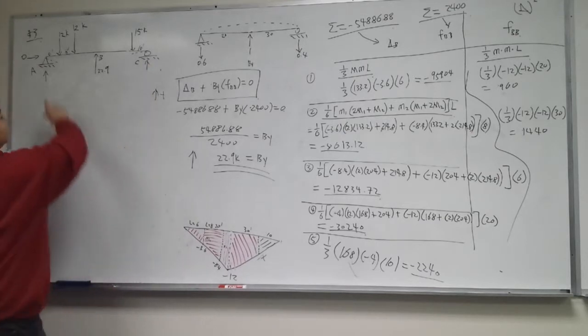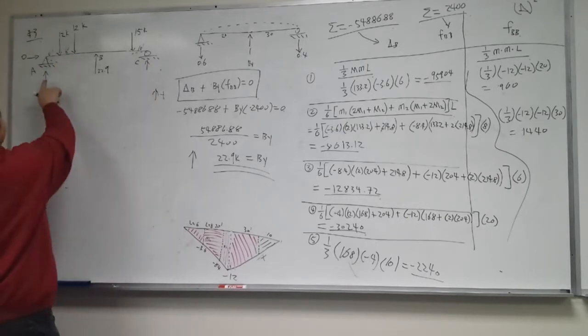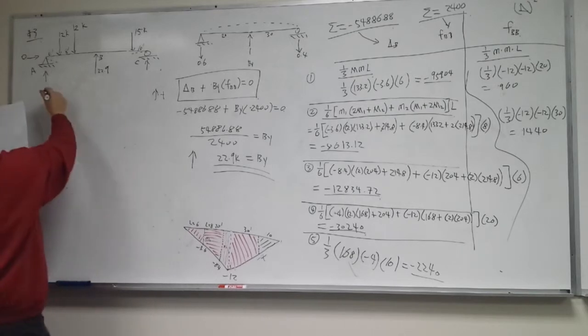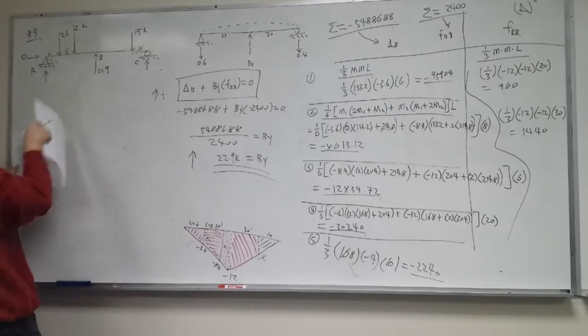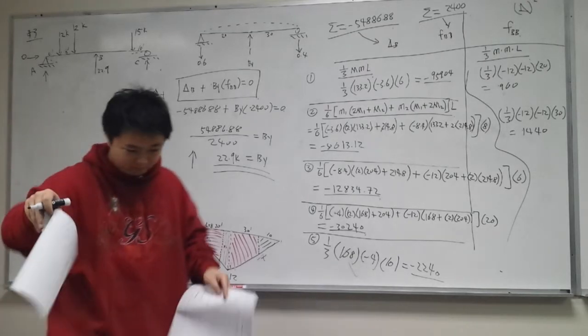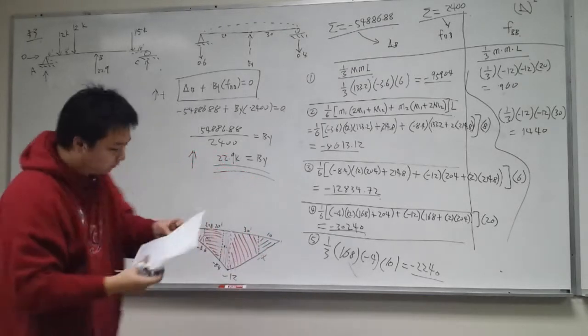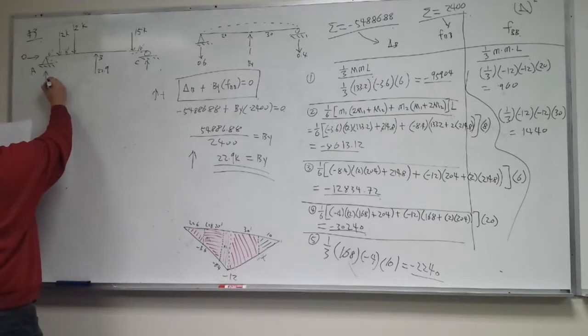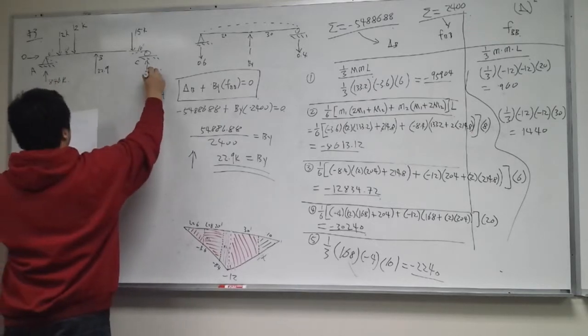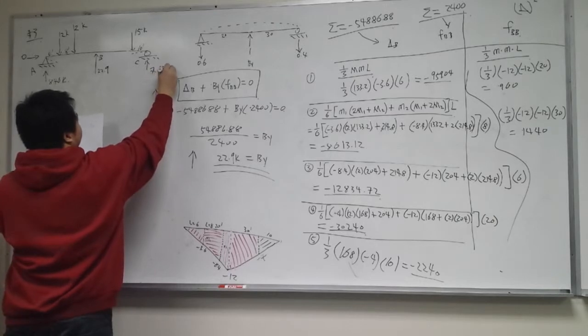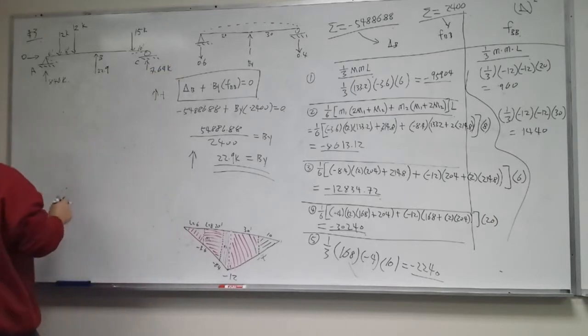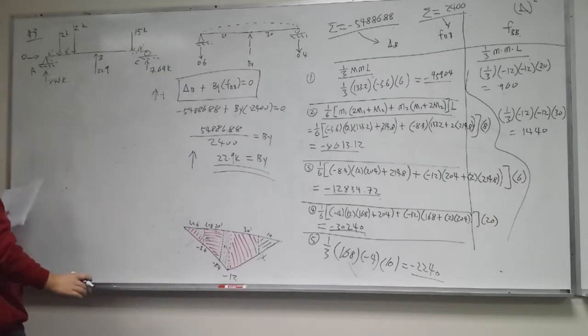Then you do the moment again. So you're going to find this reaction and this reaction. So you're going to have the new reactions, 8.46 kip, 7.64 kip. So now we have all the forces.